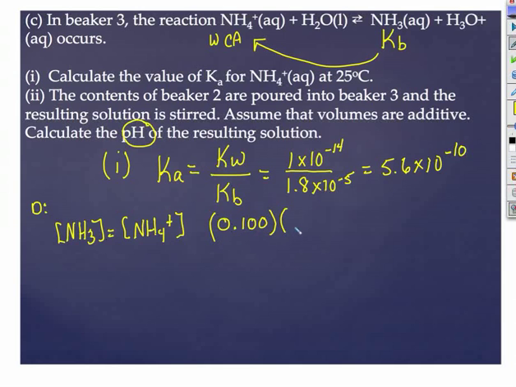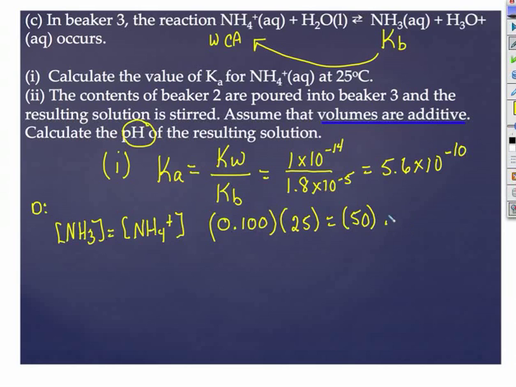So I have 0.100 is the molarity for both. The volume for both, each of the beakers, it was said at the beginning, is 25 milliliters. We don't have to change it if we don't want to, as long as the volumes are the same on both sides. Now, when a question says assume the volumes are additive, that just means that 25 plus 25 did give me 50.